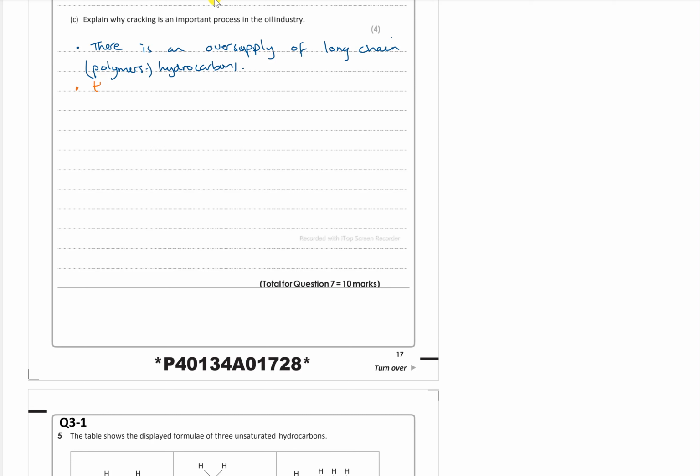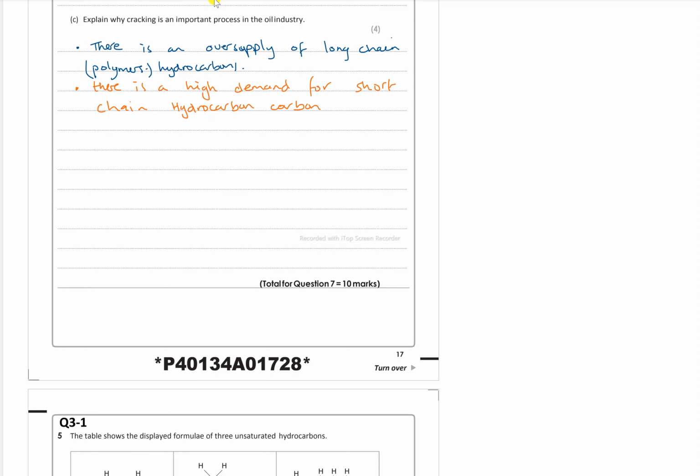Next, there is a high or greater demand for short chain hydrocarbons, getting ready for exams, so we can't take shortcuts.